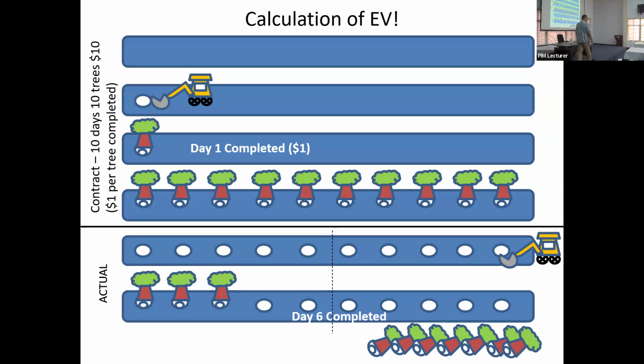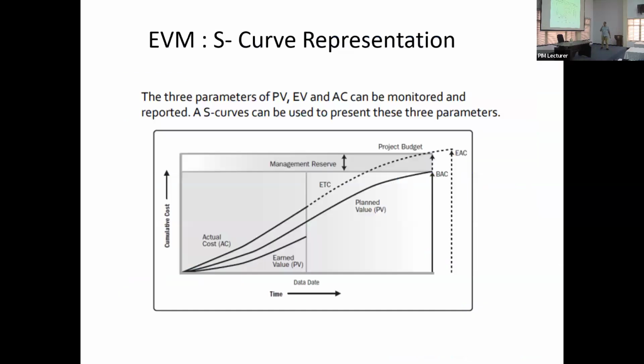Of course, it's a lot more complicated than that. So let me just run through some examples to explain that to you. Right. So if you take the S curve, the same S curve, you have the planned value, which is fine. We are happy with that. You have the actual value at any given time.